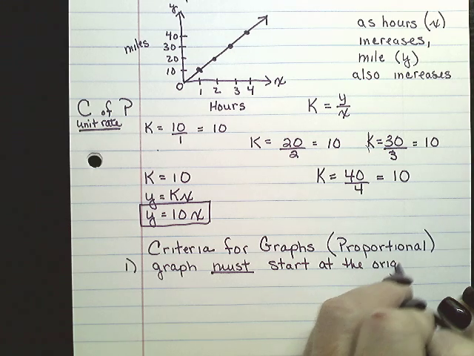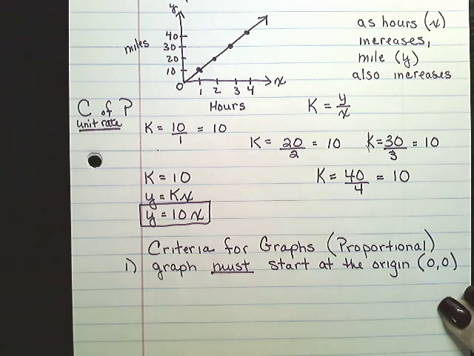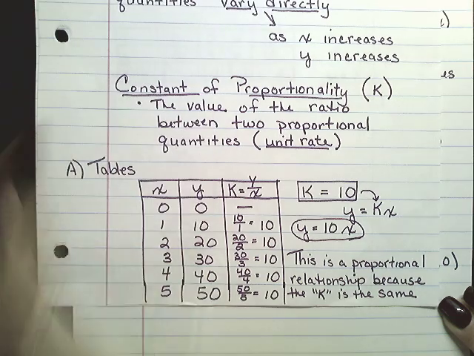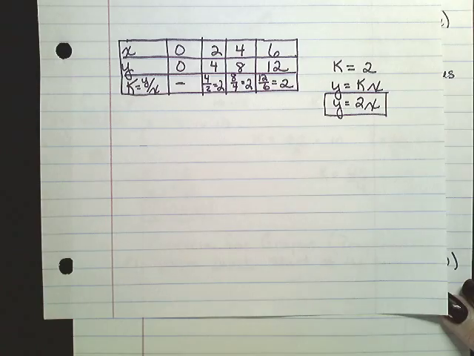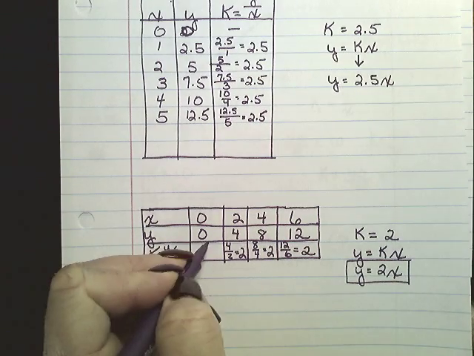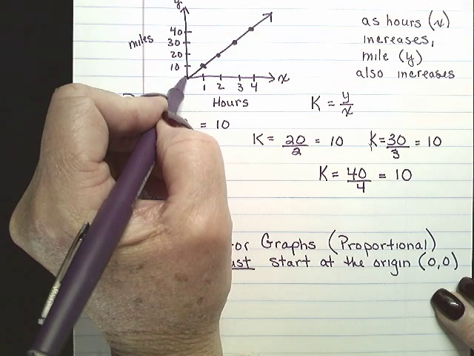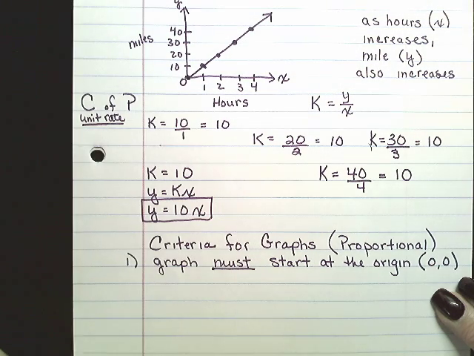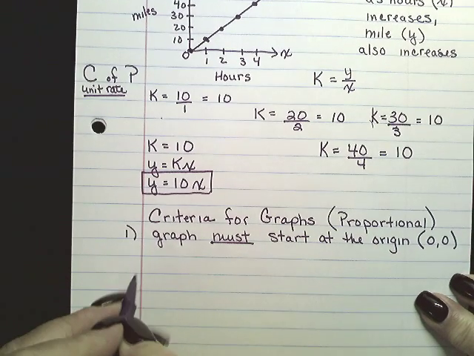And that origin is 0, 0. And if we recall, every one of those tables that we looked at started with 0, 0. So our graph must start at 0, 0, which is right here at the origin. If it doesn't start there, then it is not proportional.